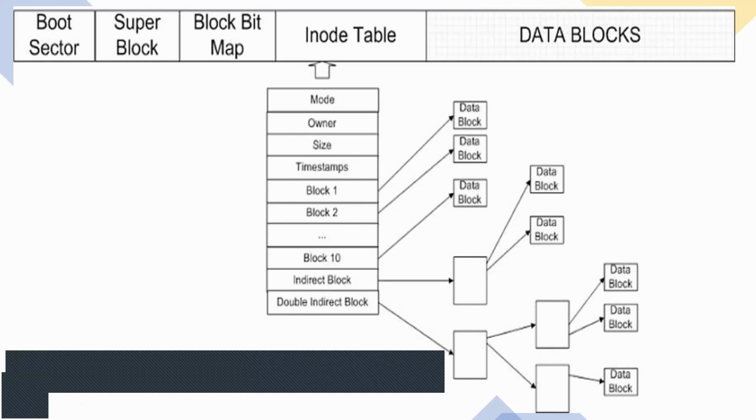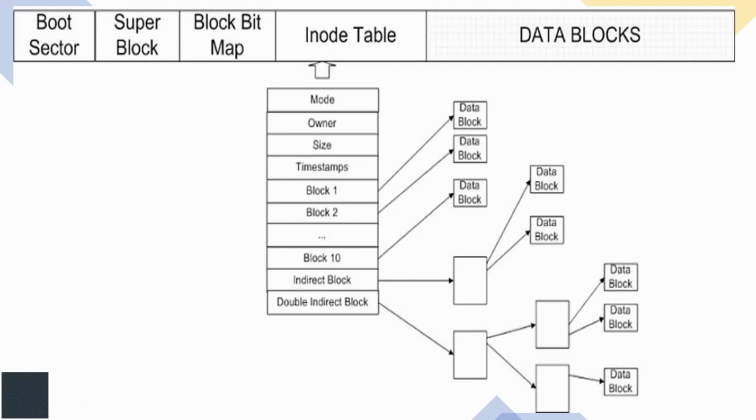Further, the super block is one of the most critical parts of the file system. It contains all the essential metadata about the entire file system, such as the total size of the file system, the number of blocks, the number of inodes, and information about free and used space.